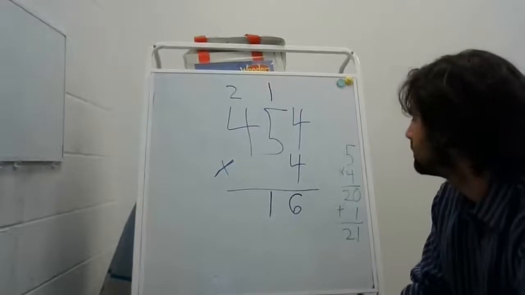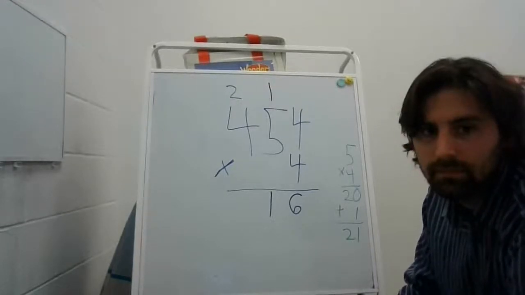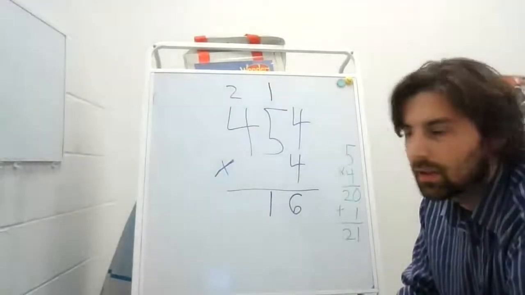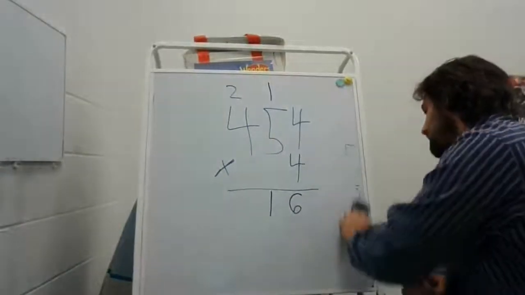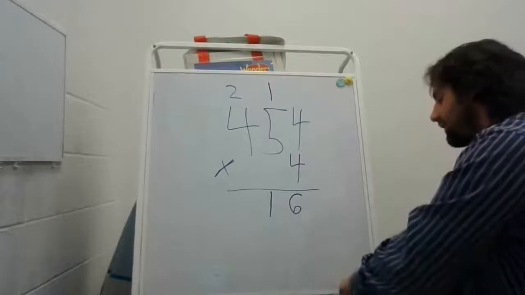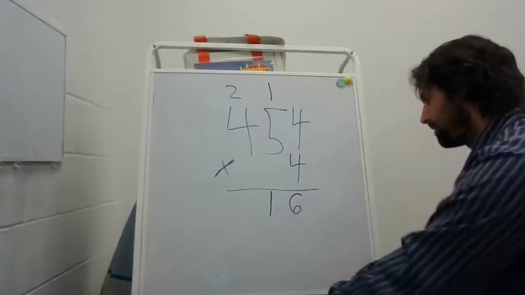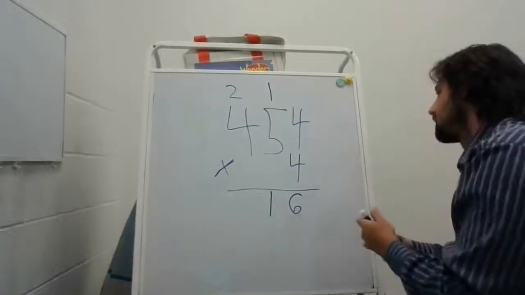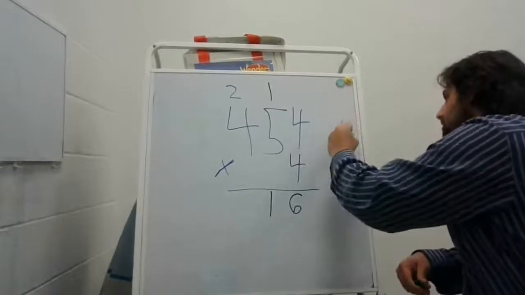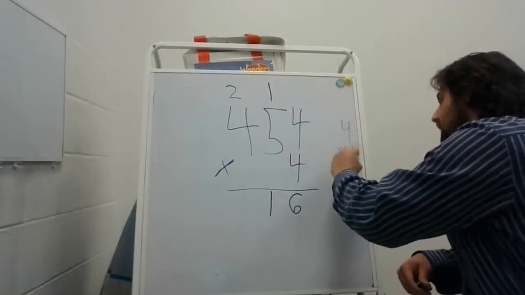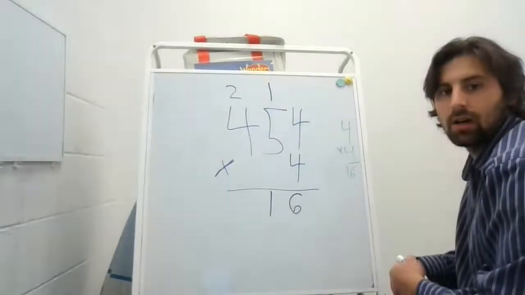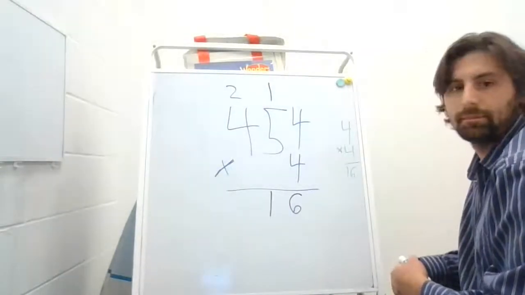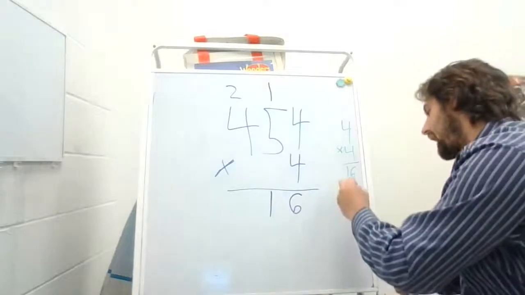So now we have to multiply 4 times 4 again, and we have to add the 2 that we carried over. So 4 times 4 equals 16. Since we carried over the 2, we need to add that to our answer.